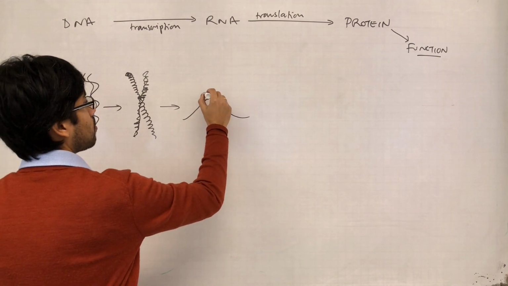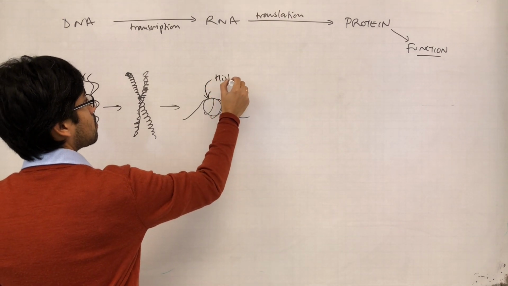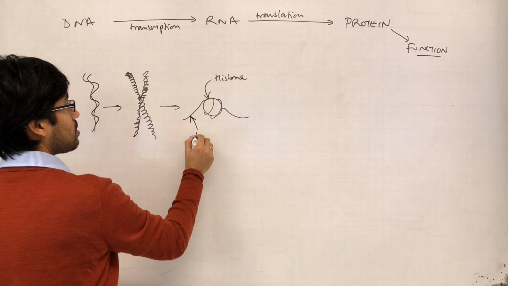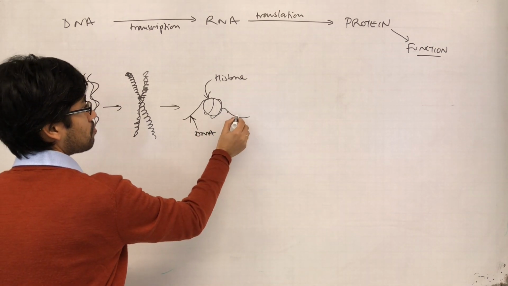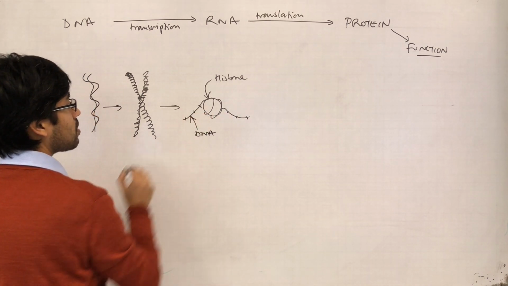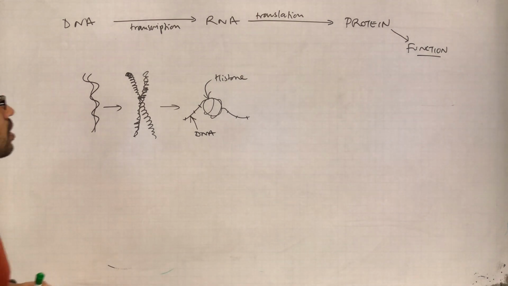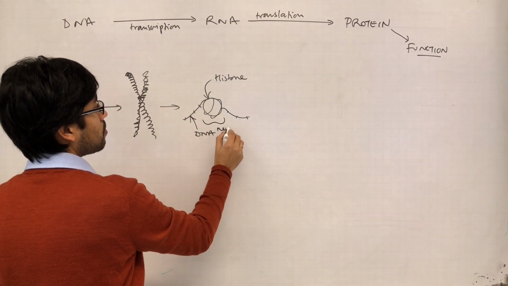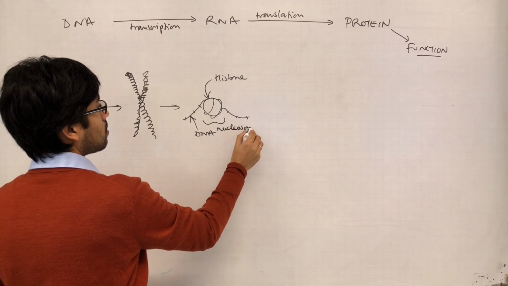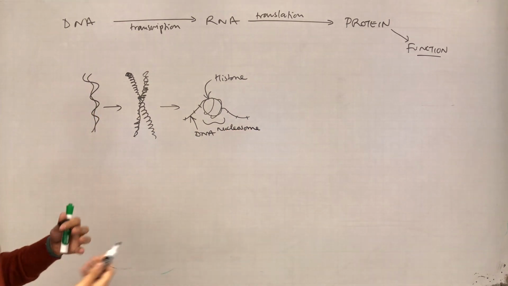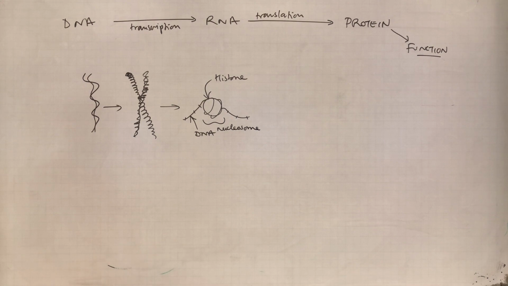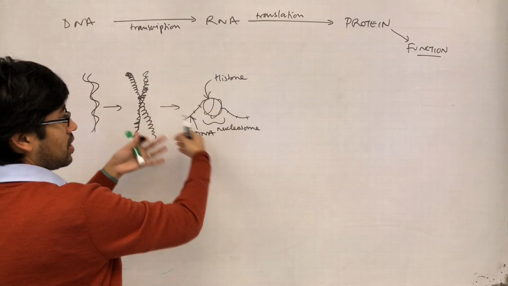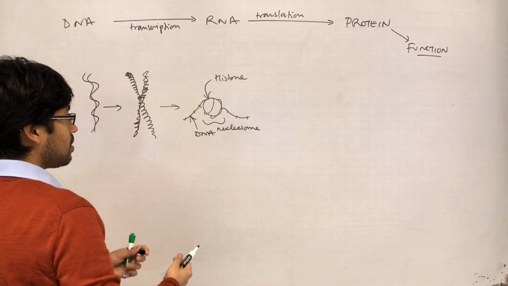Okay, so this is a histone protein, and that's your DNA double helix, and you probably have various genes along the stretch of this. This structure is called a nucleosome: the DNA wrapped around the histone protein. This is how DNA usually spends its time in the cell.